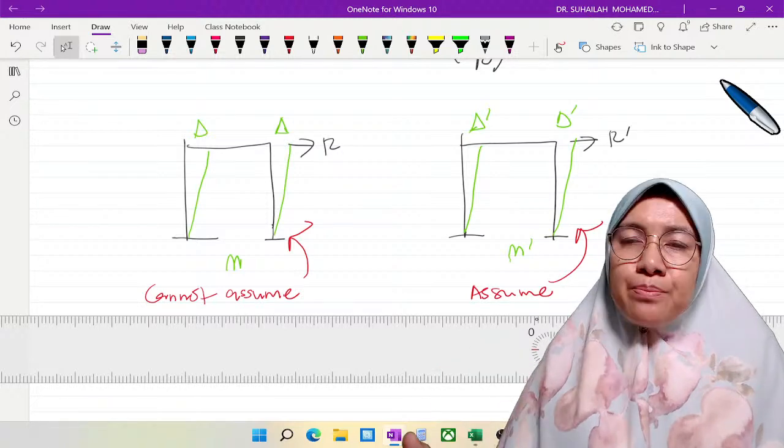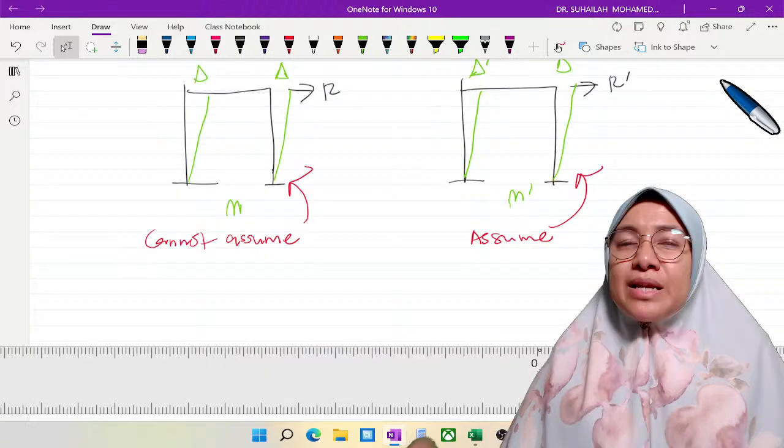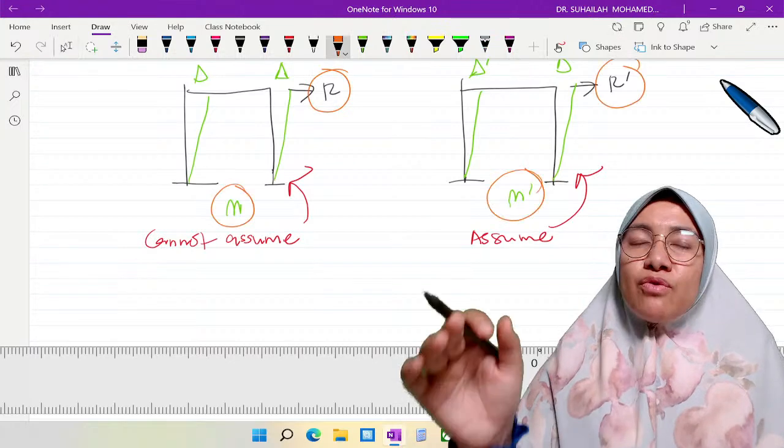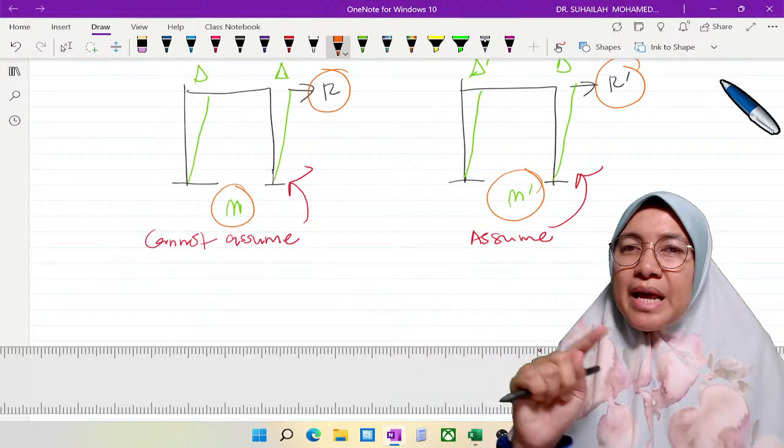So from this we can have a relationship between M and R, and between M prime and R prime. Of course, the R value for this frame we get from the first table, because it is negative R plus R.